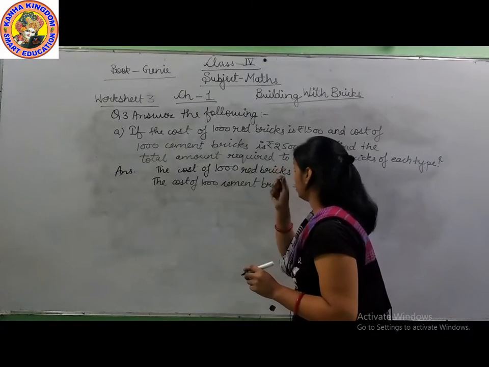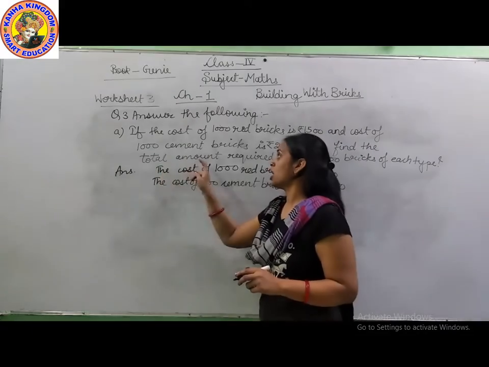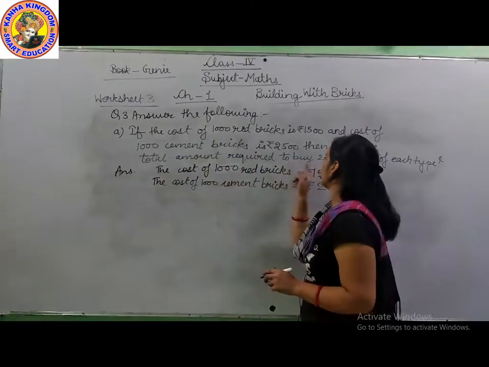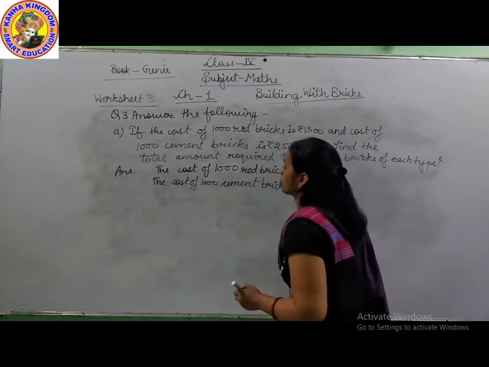Next is find the total amount required to buy 2000 bricks of each type.